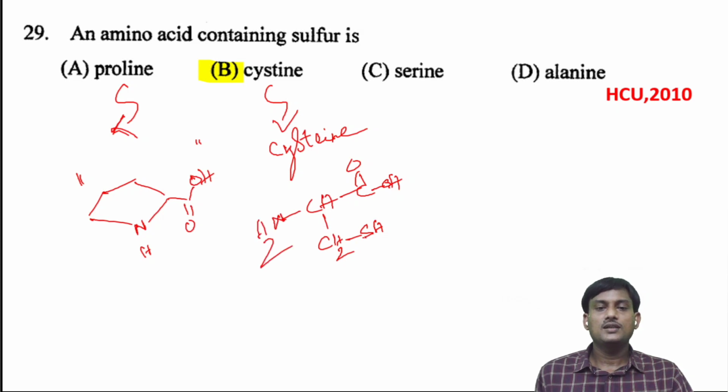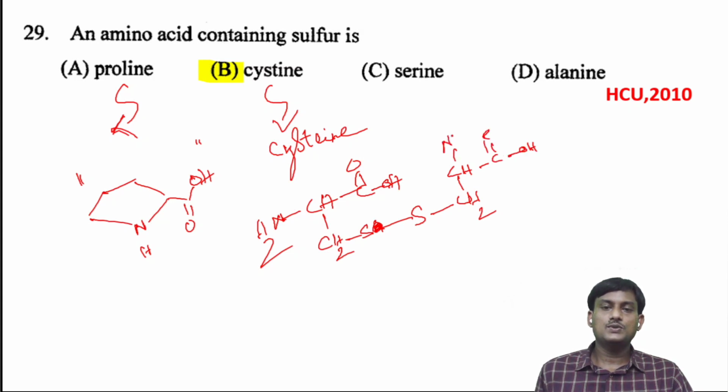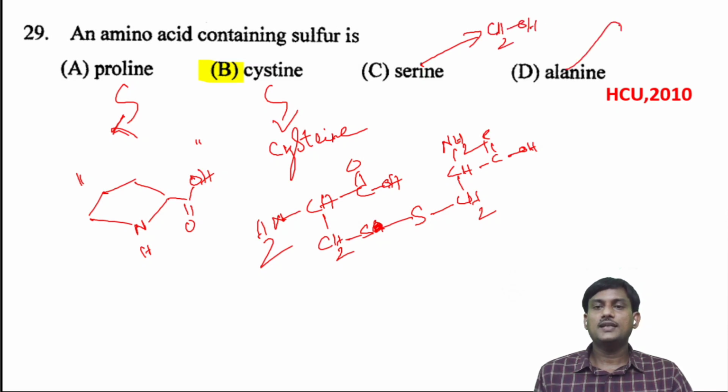This is cysteine. And if you take the disulfide, with removal of hydrogen, S-S joins two units of CH2 and CH, with COOH and NH2. This disulfide is called cystine, and this one consists of sulfur. In serine, we have a CH2OH side chain. In alanine, we have a CH3 side chain. So, which one contains sulfur? Both cysteine and cystine contain sulfur.